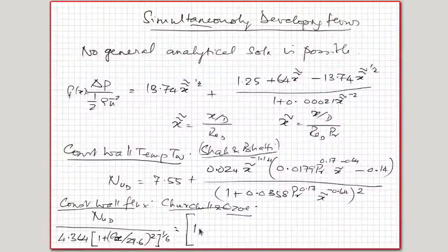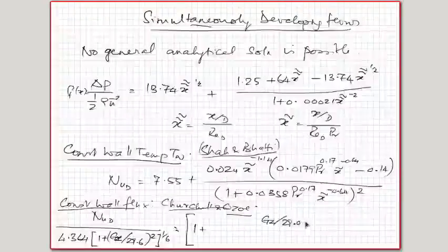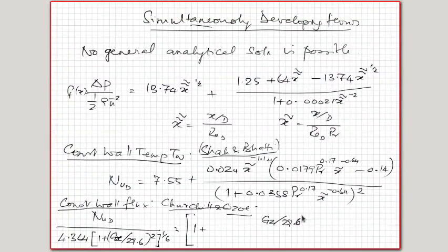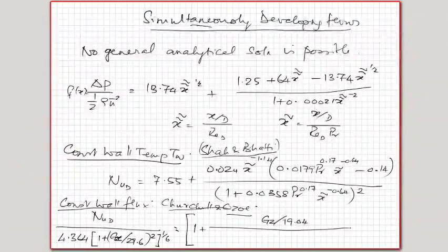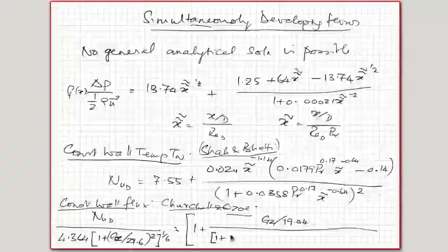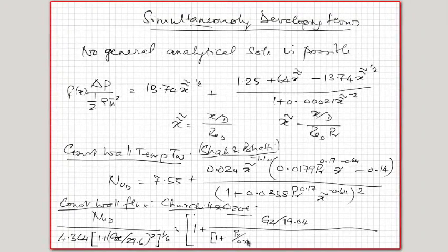again a large expression: 1 plus Graetz divided by 29.6, sorry, 29.6, and then 19.04 divided by 1 plus Prandtl divided by 0.0207, the whole to the power of 2 by 3, and this bracket closes to the power of half.